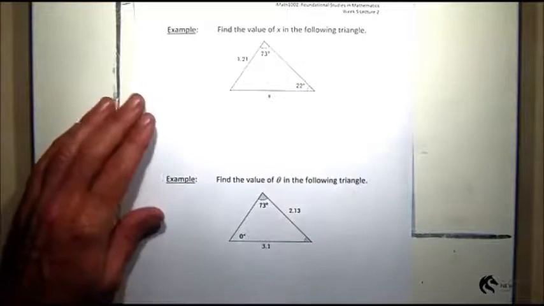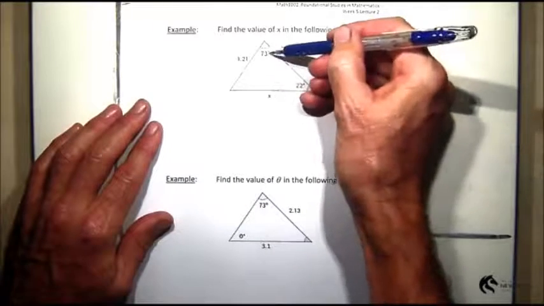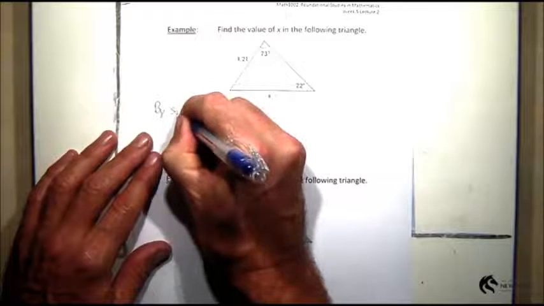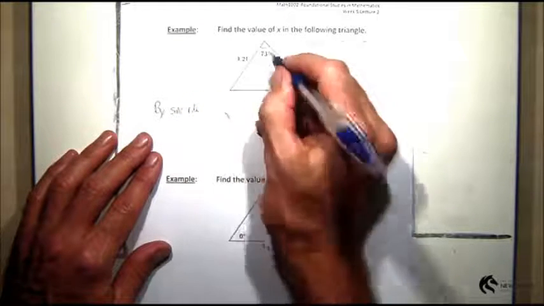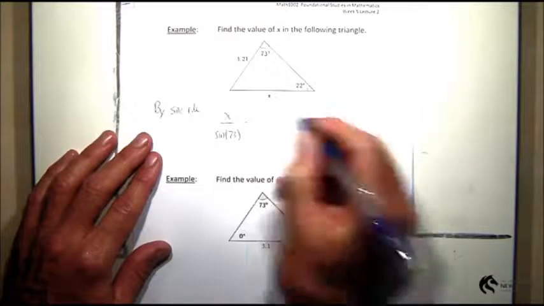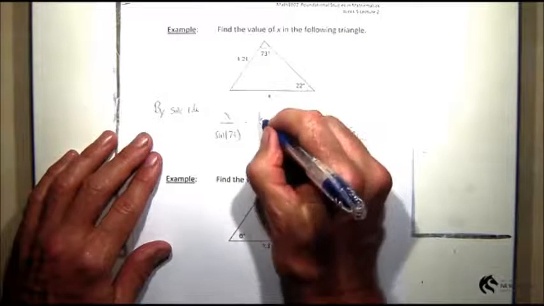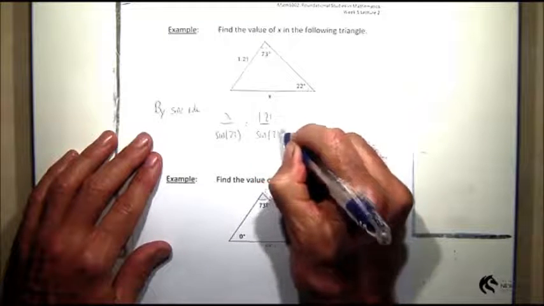So by the sine rule, the ratio of x to sine 73 will be the same as the ratio of 1.21 to the sine of 22 degrees.